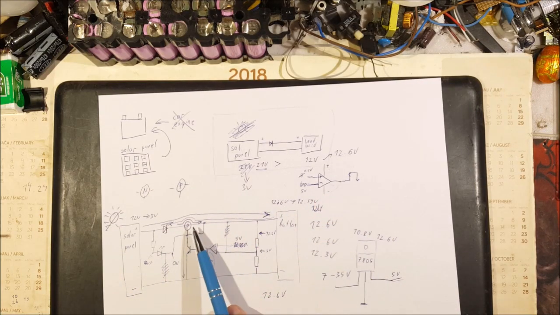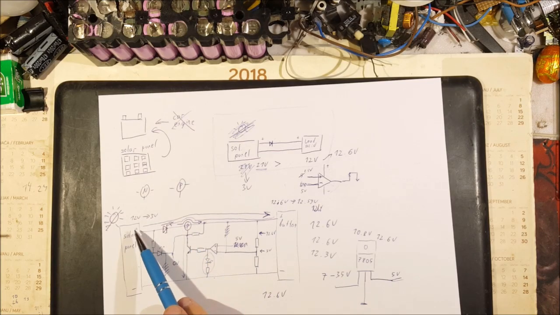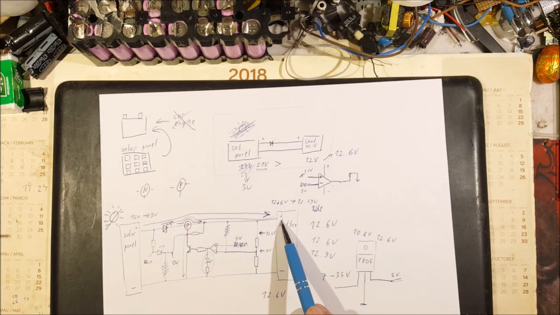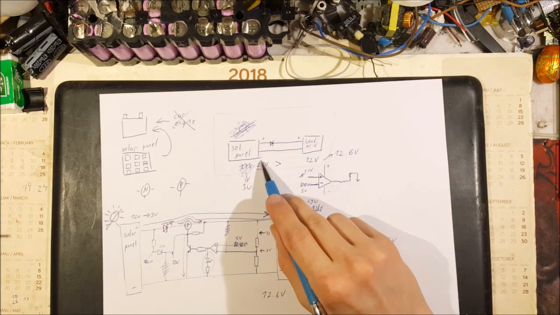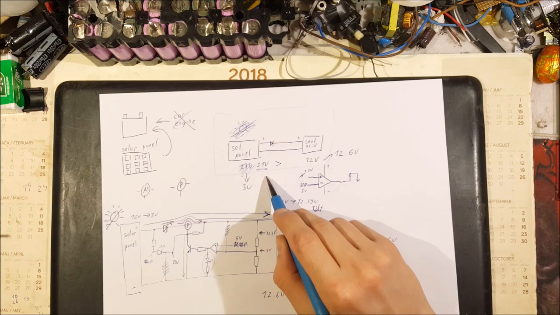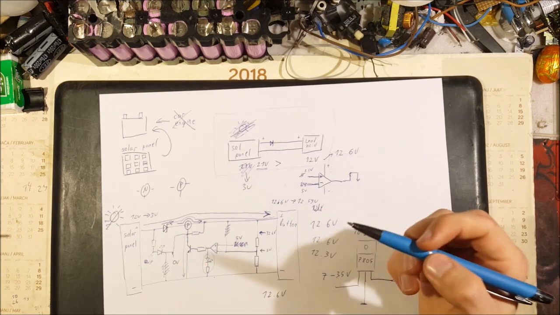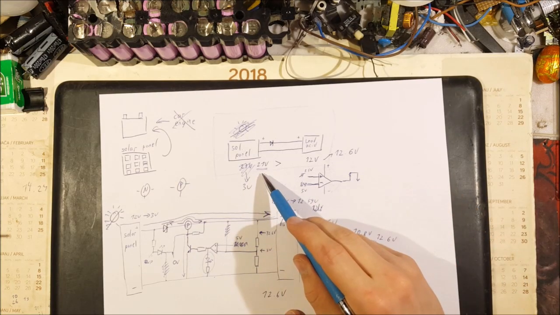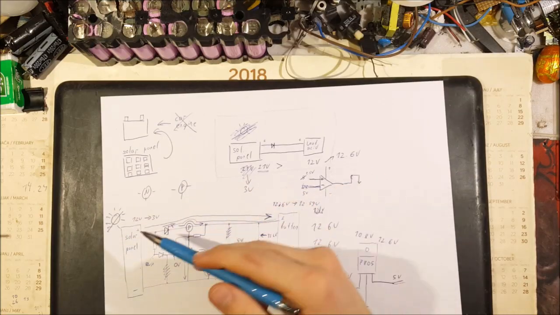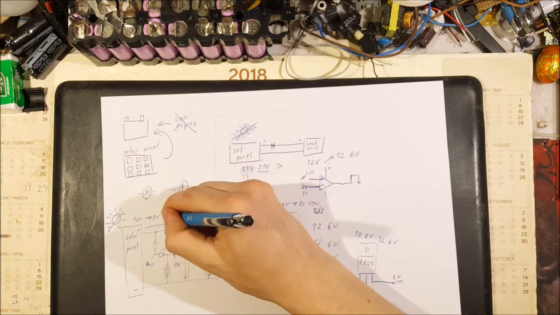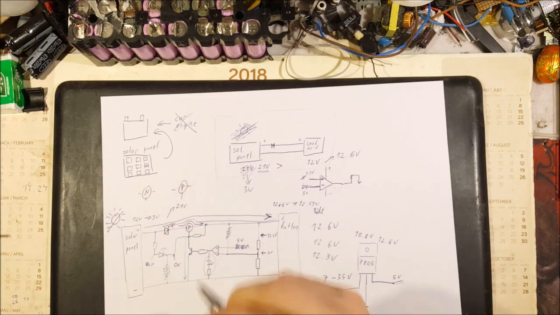Meaning that if this MOSFET right here stops the current flow from the solar panel to the battery, that means the current is no longer limiting this 21 volts. Is no longer limiting the voltage of our solar panel, meaning that the solar panel voltage is no longer 12 volt. It will rise up to 21 volts.